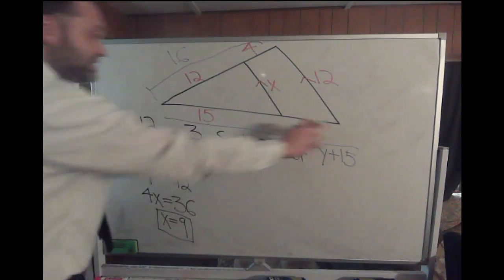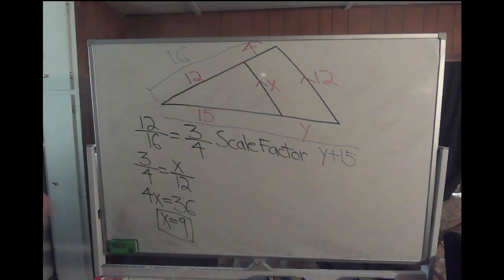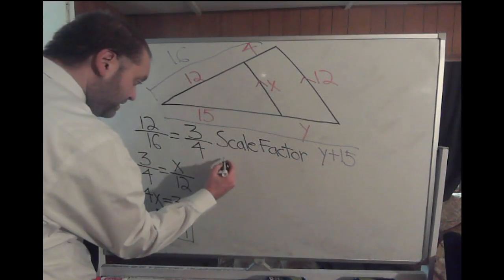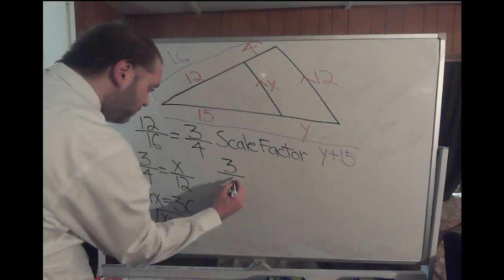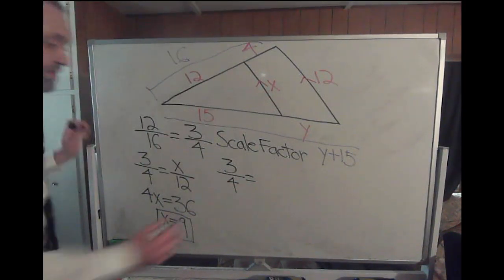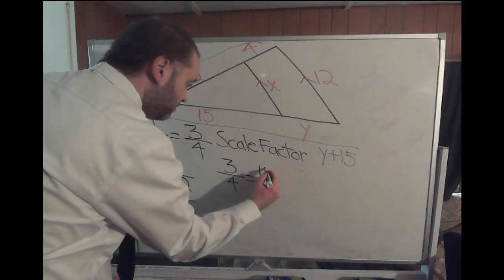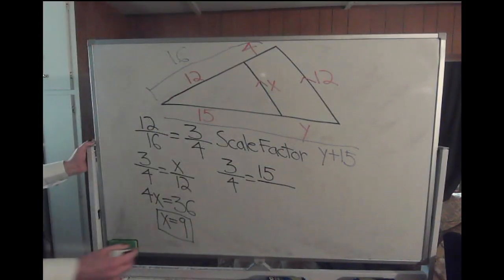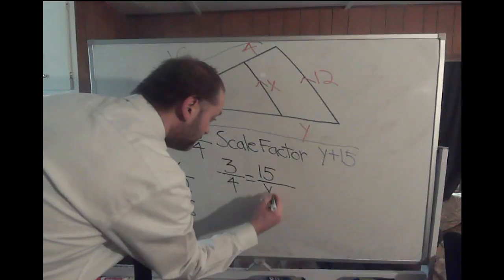This whole side is actually y plus 15. So let's solve for y. What you'll get then is your scale factor of 3 to 4 still. That'll be set equal to the smaller side of 15 for the smaller triangle, all over the length of the whole side for the whole triangle, which would be y plus 15.